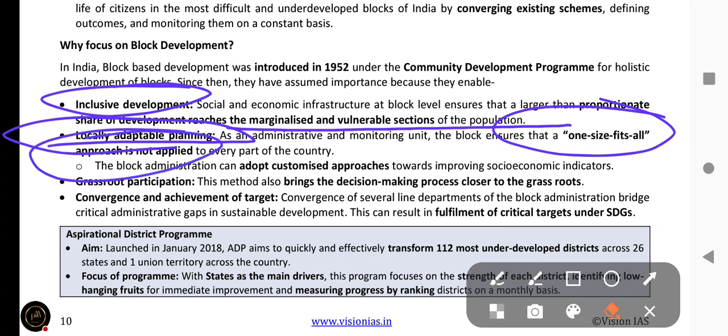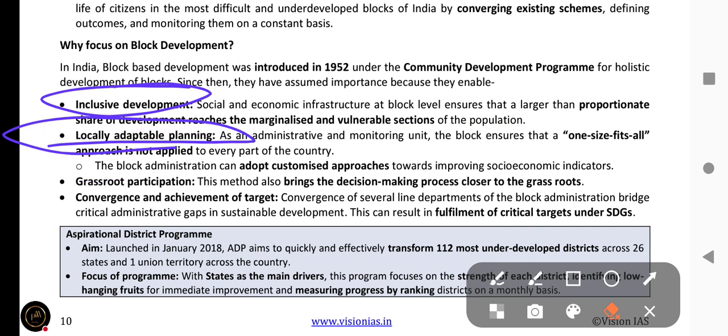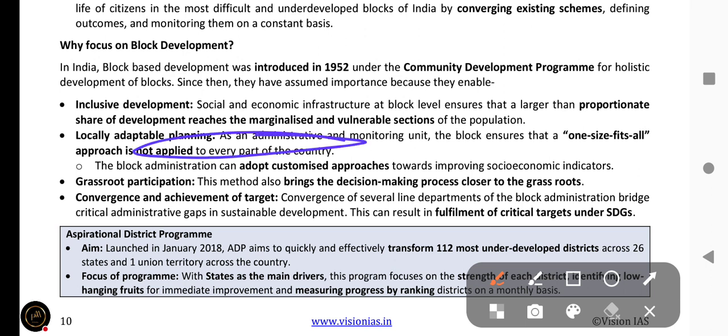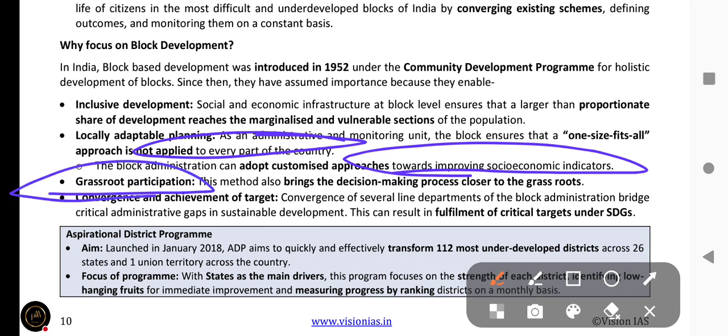One size fits all is a negative term, whereas multi size fits all is the core principle of the block development program for every part of the country. The block administration can adopt customized approaches towards improving socio-economic indicators. Grassroots participation. This method also brings the decision-making process closer to the grassroots.